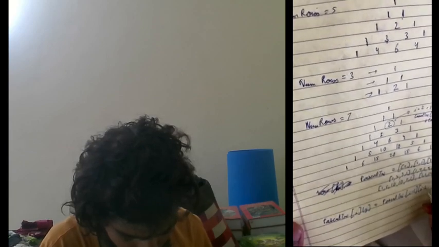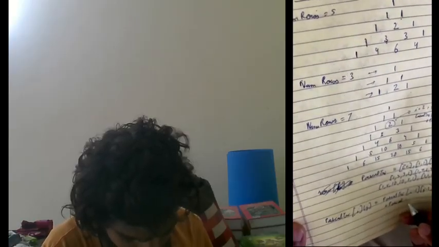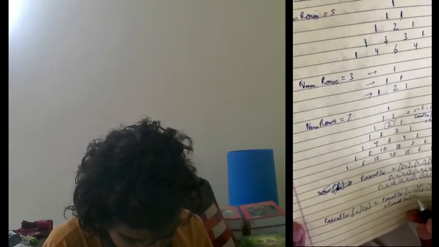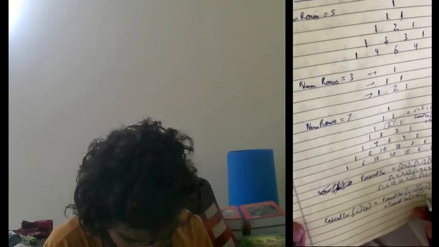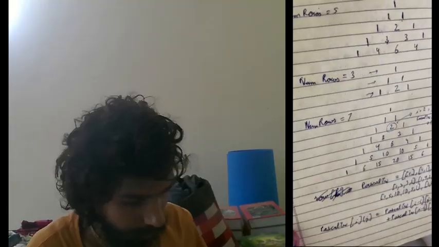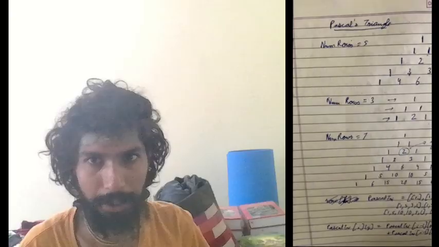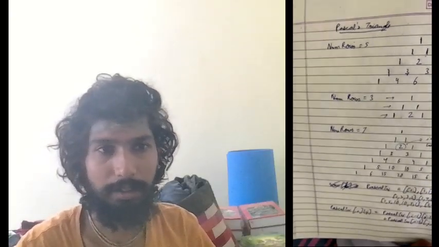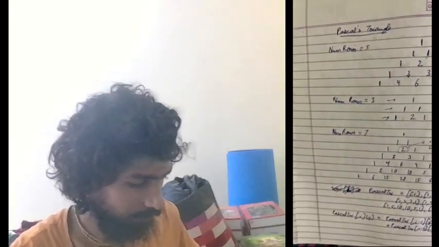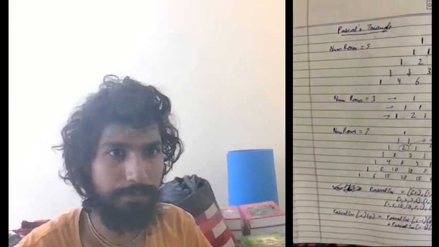So we want [i-1][j-1] plus Pascal triangle [i-1][j]. So that is a simple formula to compute. And for the boundary elements, we always have 1. So by example, it is very easy to get. Now let's switch to the code.